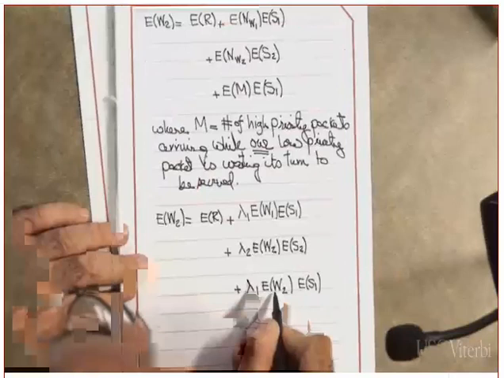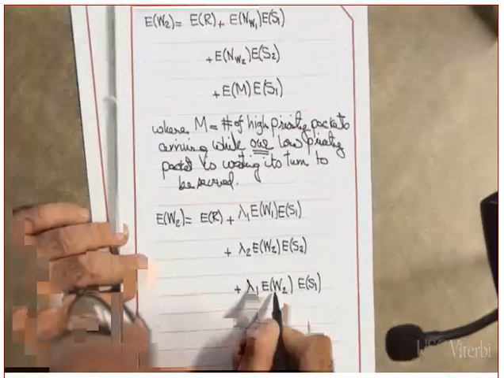Suppose we do have K priority classes, from 1 all the way to K. What is the expected value of the waiting time of class K? It is E of R divided by the quantity 1 minus rho 1 minus rho 2 minus all the way to rho K, times the quantity 1 minus rho 1 minus rho 2 all the way to rho K minus 1. Close the bracket.